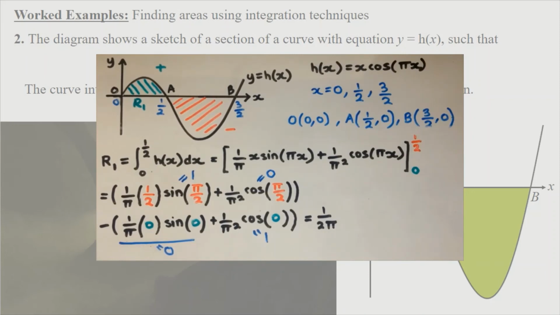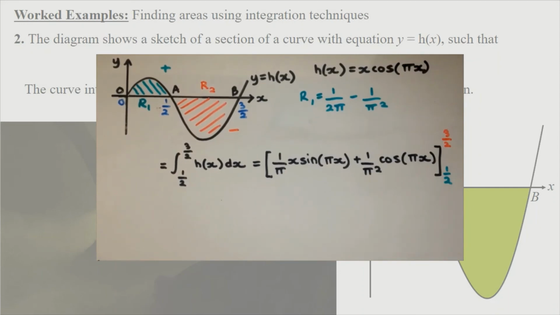And then my lower limit, 0 there, and then I've got 1 over pi squared multiplying by 1, and that's being subtracted, of course. So that's going to be subtract 1 over pi squared. So this is the exact answer for R1, so that's the area of R1 finished.